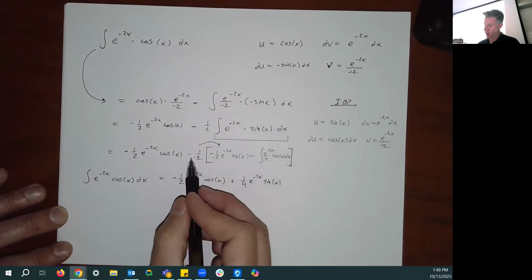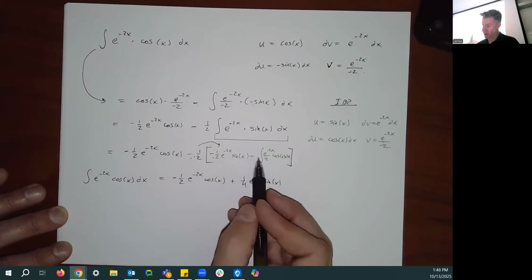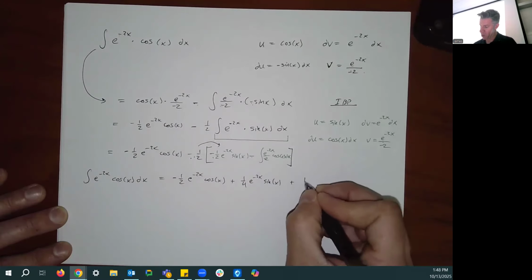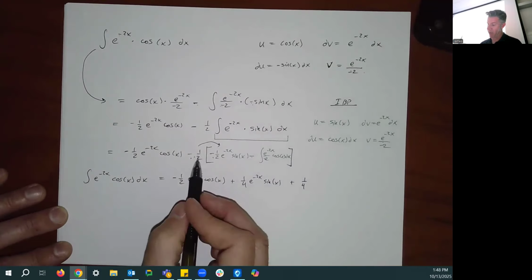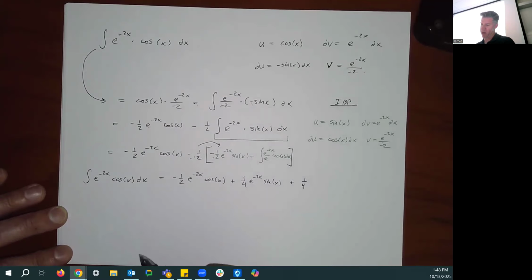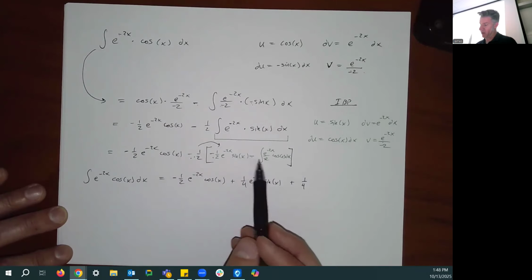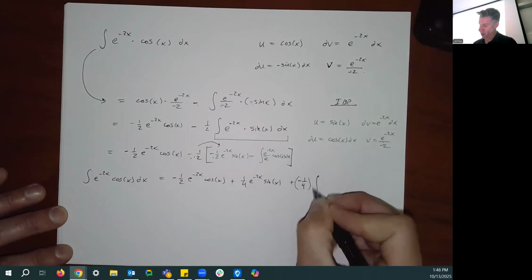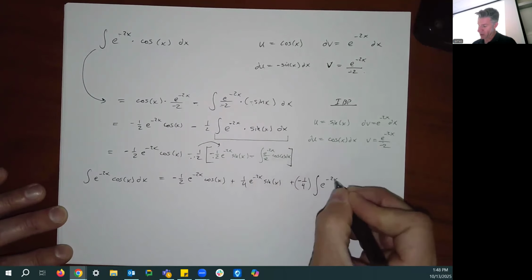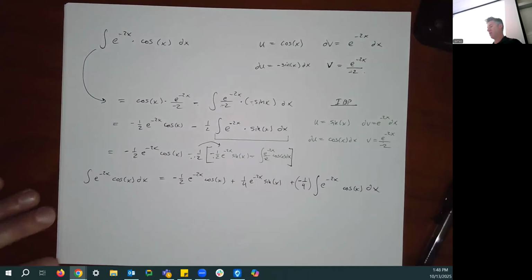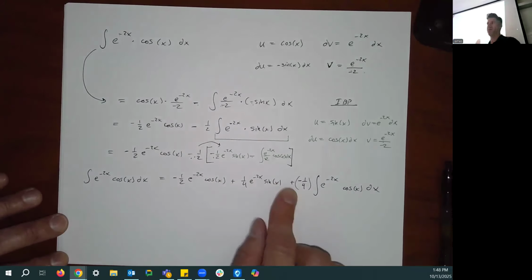And then the negative 1/2 times the negative there is going to be a positive 1/4, because it's a negative 1/2 times another negative 1/2. I said negative 3 times there, right? I did negative, negative, negative. So it should really be a negative 1/4 times the integral of e to the negative 2x times cosine of x. And look, we've essentially gotten back to the integral we started with, times whatever.